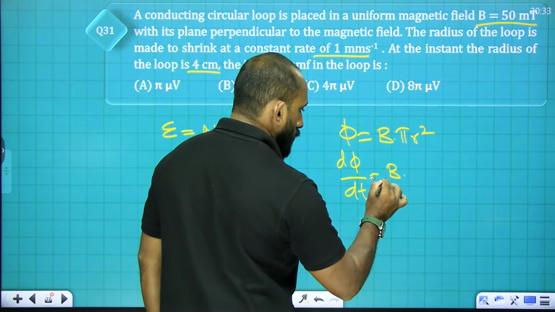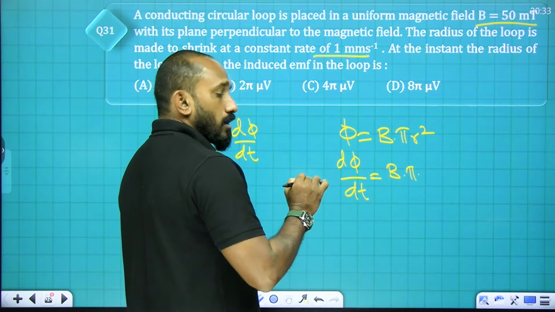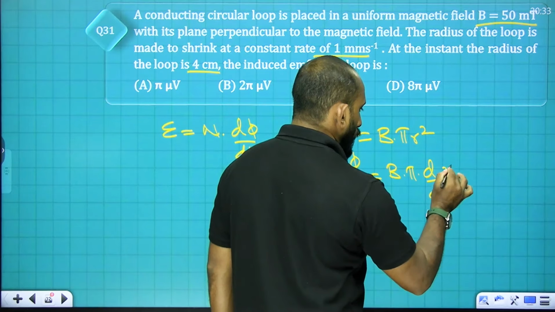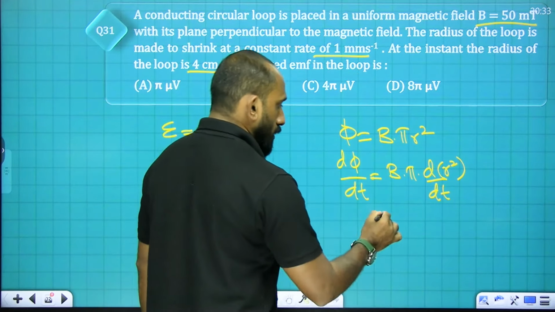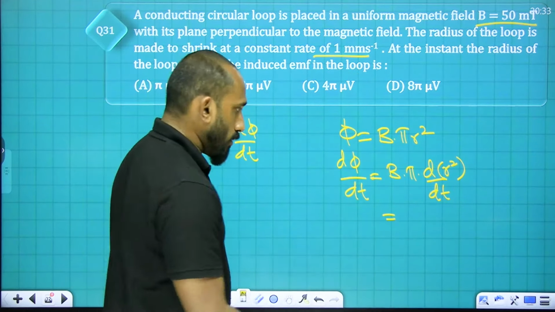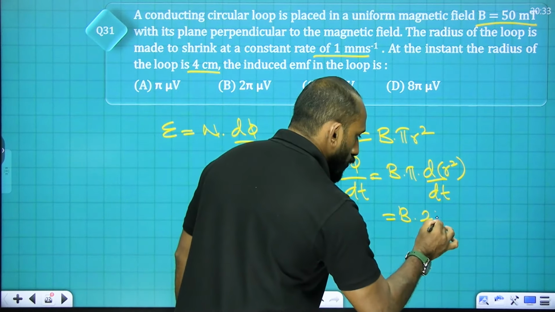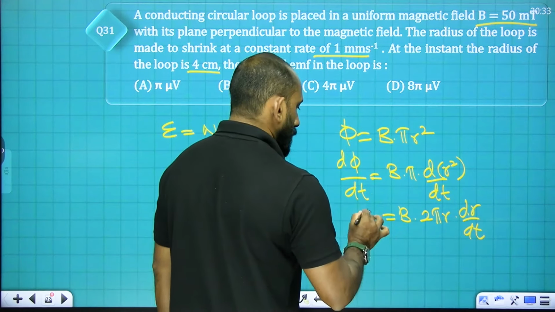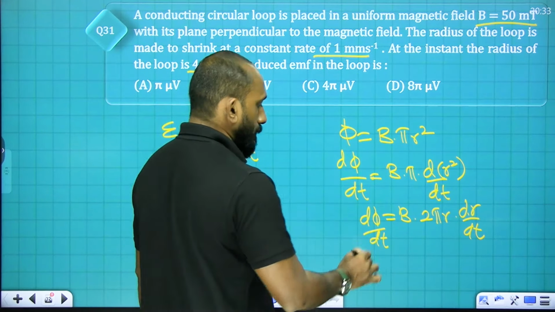B is constant, π is constant, and if you differentiate r², it becomes 2πr. So B times 2πr times dr/dt is dφ/dt.